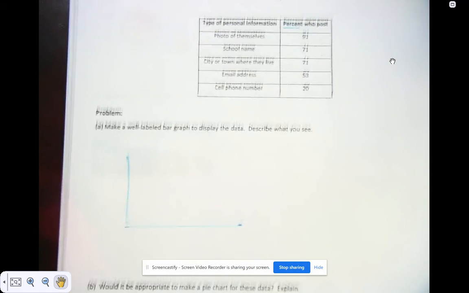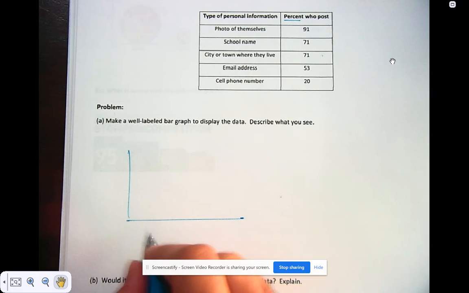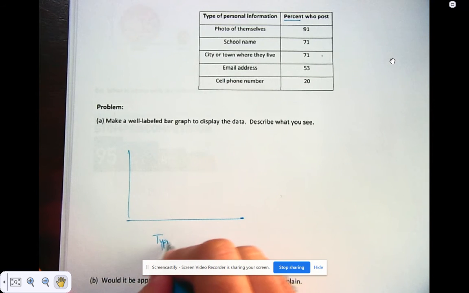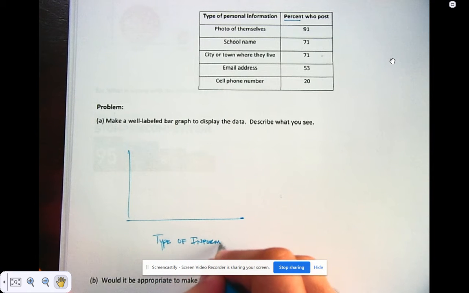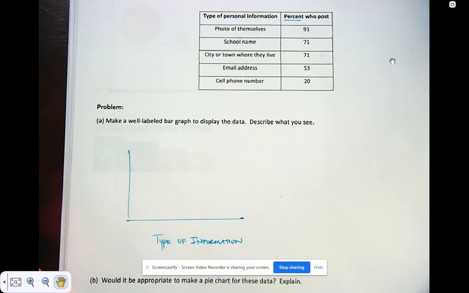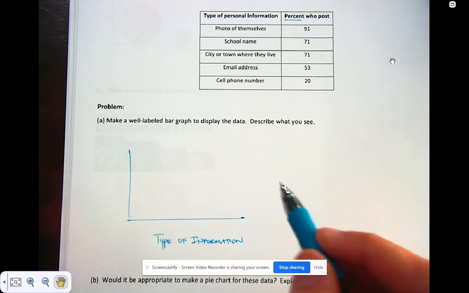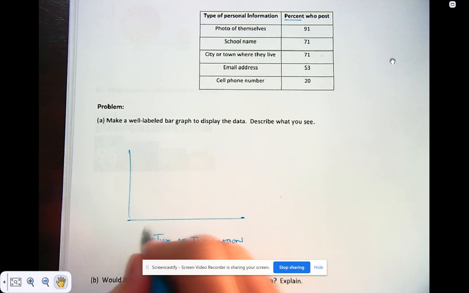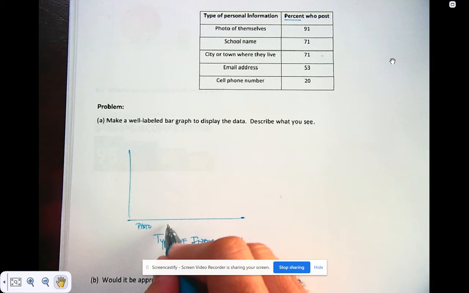So the label would be, let's zoom out here a little bit, type of information. Okay, so type of information. And then what types are they? Well, let's just kind of abbreviate here. We've got a photo. You've got a school name.